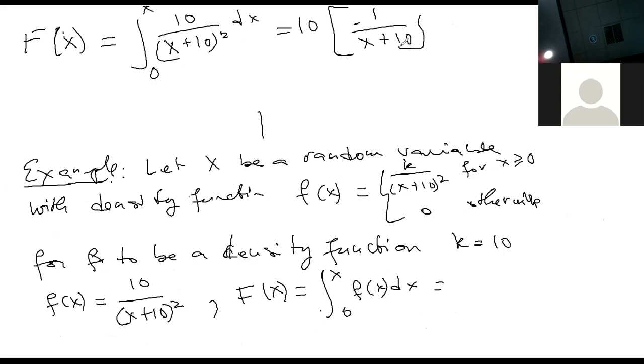Do you understand what I'm doing here? It's from 0 to x, so we replace t by x, it will be minus 1 over x plus 10, plus 1, which is 10 minus 10 over x plus 10.